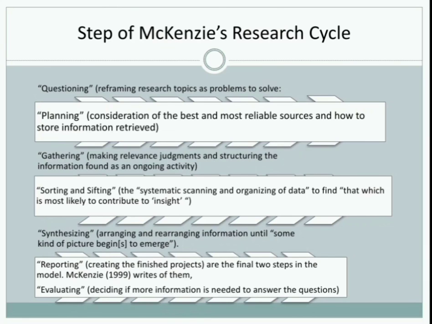Questioning, reframing research topics as problems to solve. Planning, consideration of the best and most reliable sources and how to store information retrieved. Gathering, making relevance judgments, and structuring the information found as ongoing activity. Sorting and sifting, the systematic scanning and organizing of data to find that which is most likely to contribute to insight.